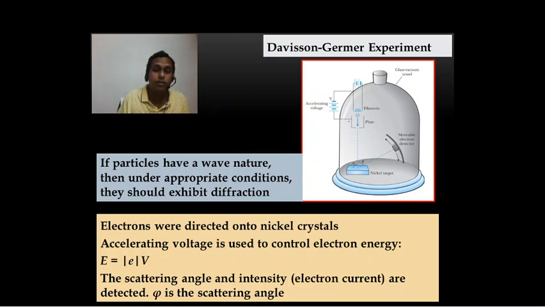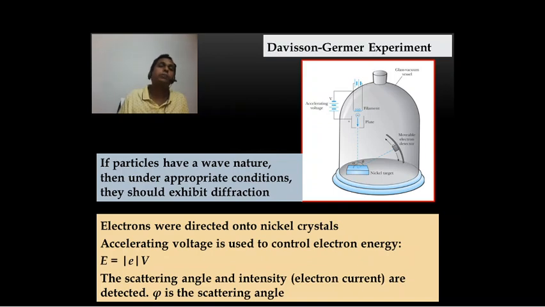Dual nature of matter. Particles possess wave nature. If particles possess wave nature, then they should exhibit wave phenomena. Wave phenomena means interference or diffraction, etc.